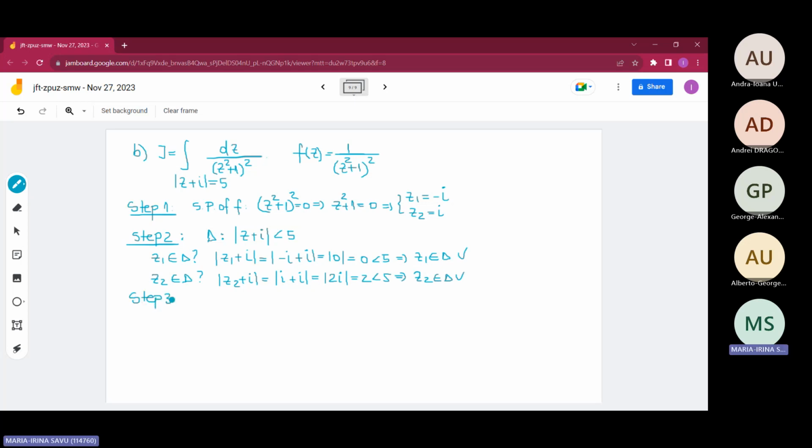But at step 3, we have to find what kind of points z1 and z2 are. So we have to compute the limit when z goes to z1 of f of z, which is the limit when z goes to minus i of 1 over z squared plus 1, squared.